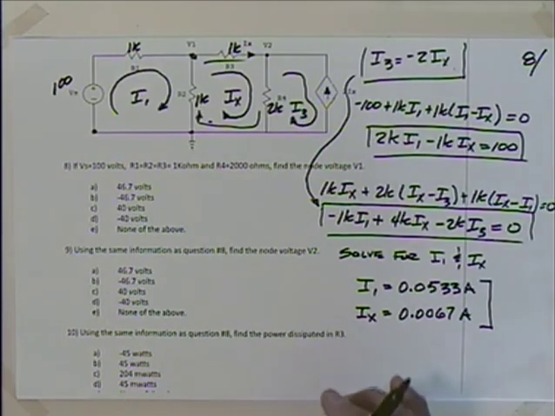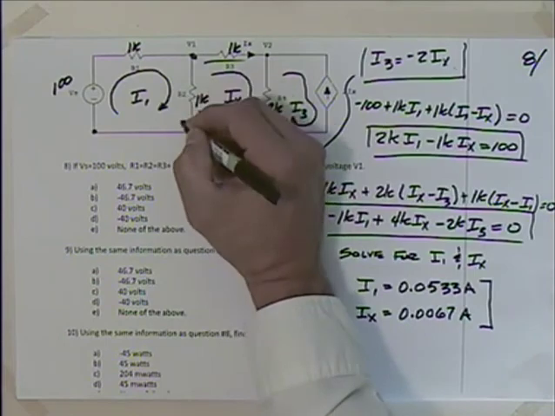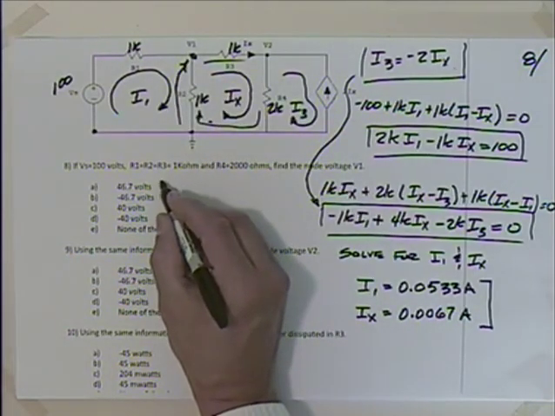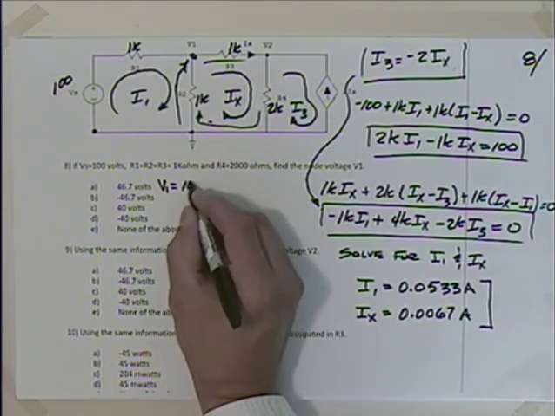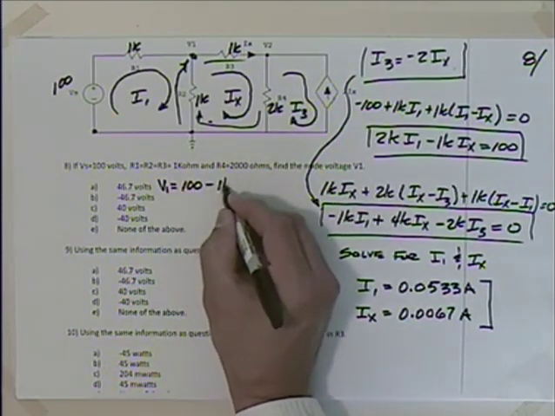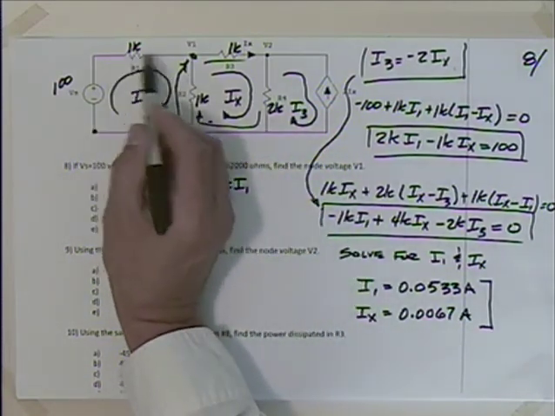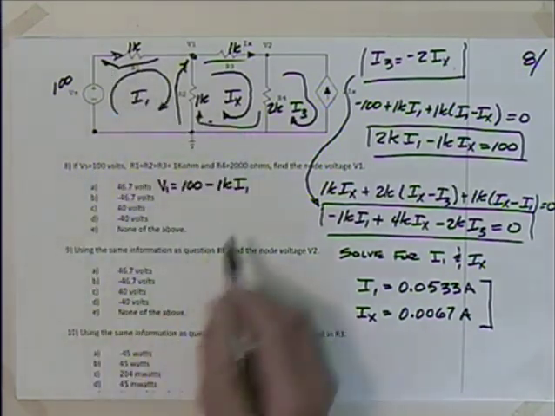Now, what are we looking for? Well, we're looking for V1, so we have to recognize V1 is this voltage here, so we could really say that V1 would be equal to 100 minus 1K times I1. Is that right? This current I1 is going through there, so yeah, we'd have to subtract off that voltage.